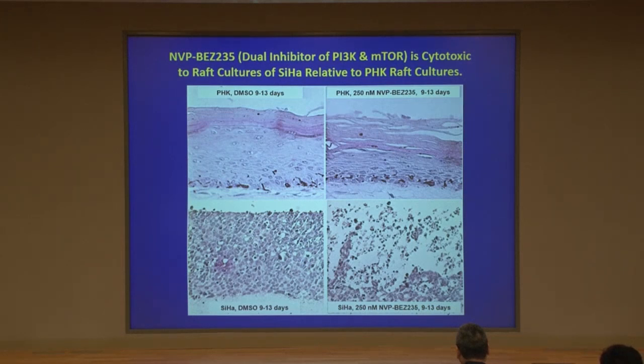Okay? And then we can treat them using our own hypothesis as to what might work, targeting the pathways the virus needs. Again, we're not screening lots of drugs, but we are doing it the smart way.